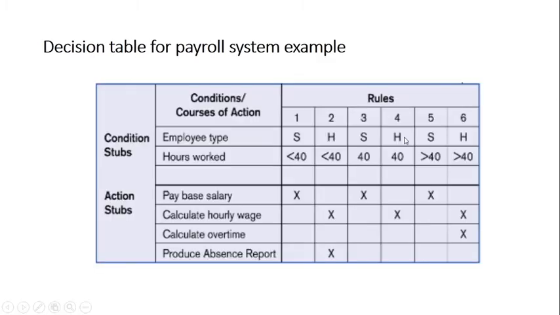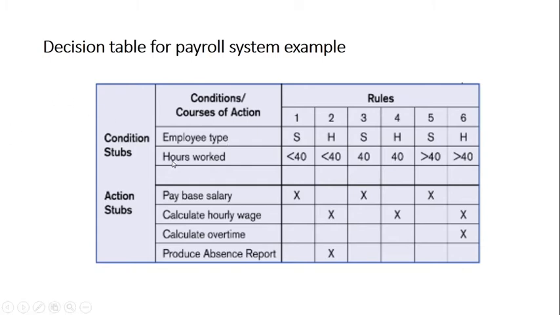Now see the example, the same example that we have done for the decision tree, right? All the conditions, what were the conditions for calculating the salary? Whether the person is salaried or he works on hourly basis, that is an employee type, salaried or hourly worked, right? So this is one of the condition stub.